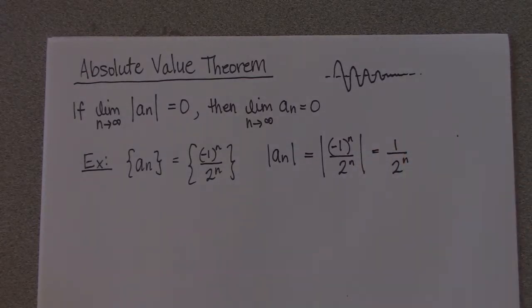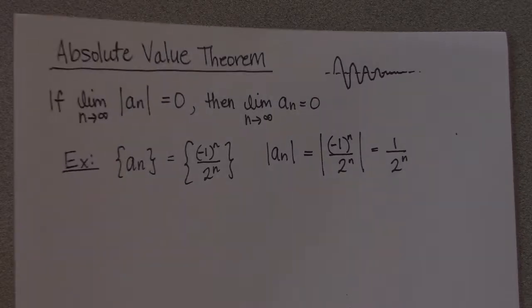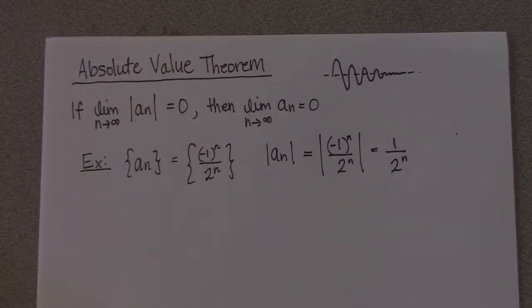And that's just going to equal 1 over 2^n. Because the numerator will only ever be 1 or -1. And the absolute value of both of those numbers is just 1. Okay? So if I can show that the limit of all the positive terms converge, then surely, right, the negative ones will as well. Okay?